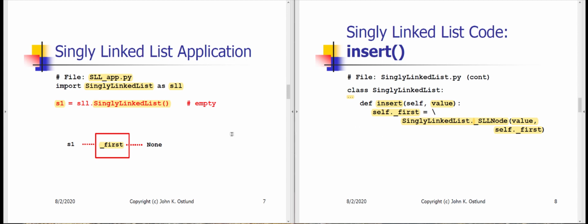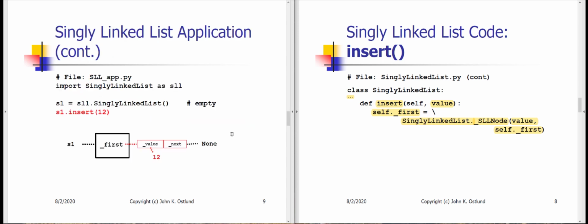All right, well, let's take a look at what's happening here in our application. So here, in the application, we have added this insert line. Okay, here's our SLL app.py application. As before, we're starting out by creating an empty singly linked list object. S1 is referring to that empty singly linked list object. And when we say S1.insert(12), 12 is our value.